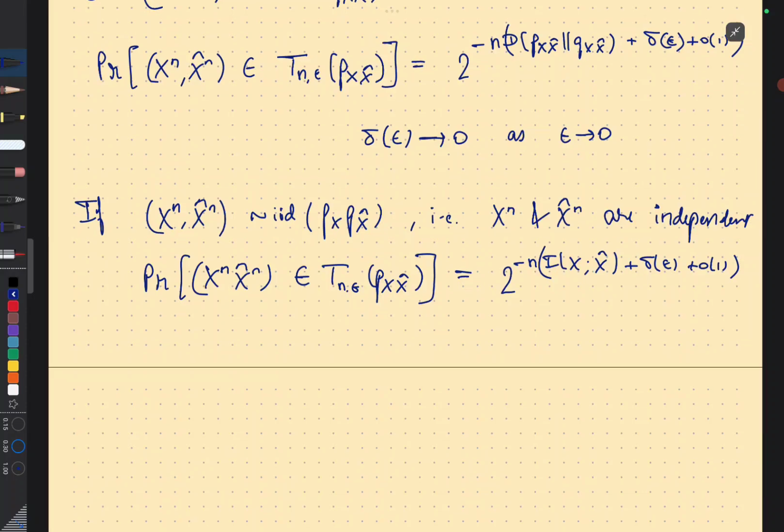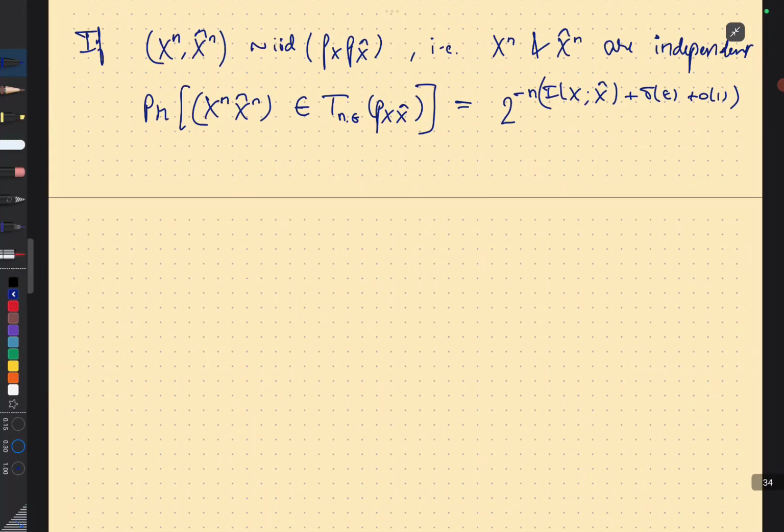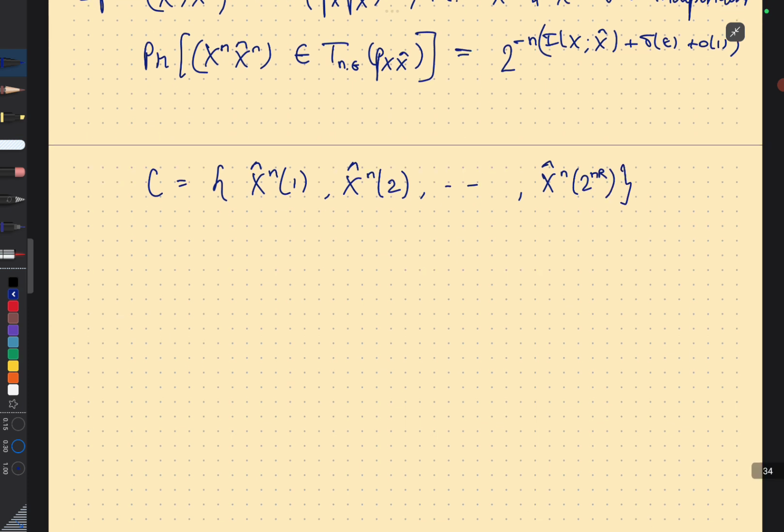Okay, so now we essentially have all of the tools to analyze the performance of our coding scheme. Remember that I have a code book consisting of 2 to the nr code words, where each xn hat has IID components drawn according to px hat.